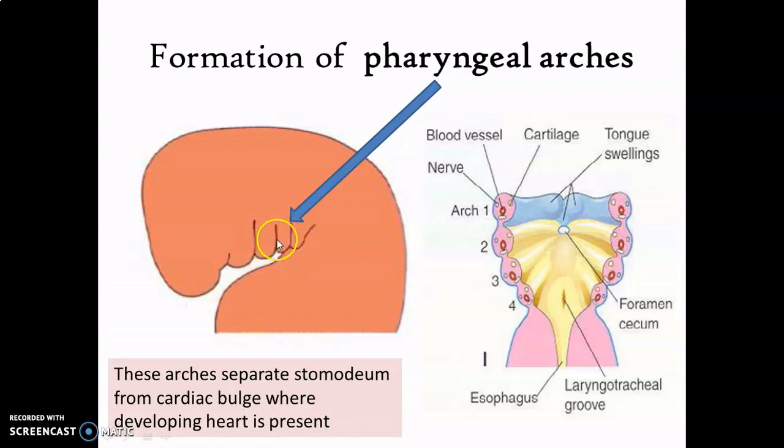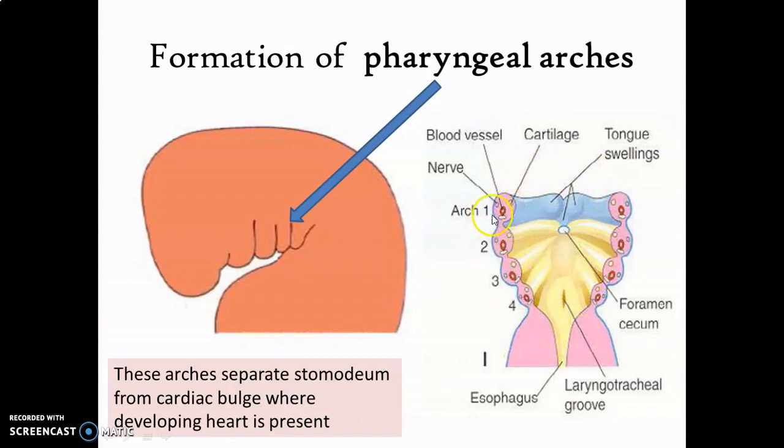Once the pharyngeal arches form, they separate the stomodium from the primitive heart region or the cardiac bulge. And each of these pharyngeal arches approximates with its counterpart on the opposite side beneath the floor of the pharynx. Thus, the pharyngeal arches separate the stomodium from the future heart region or cardiac bulge.